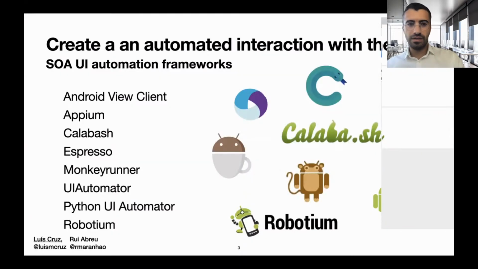Typically, to create an automated interaction, mobile developers resort to APM, Calabash, Espresso, Monkey Runner, and all these sorts of automated testing that may have some energy overhead on the tests.